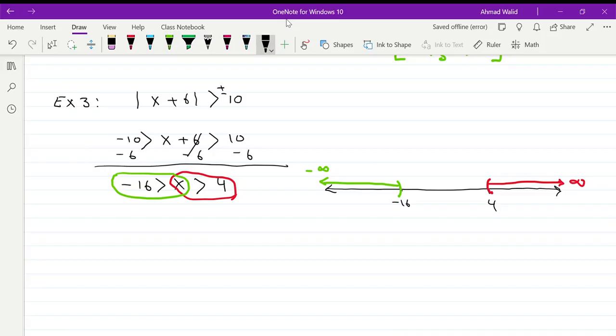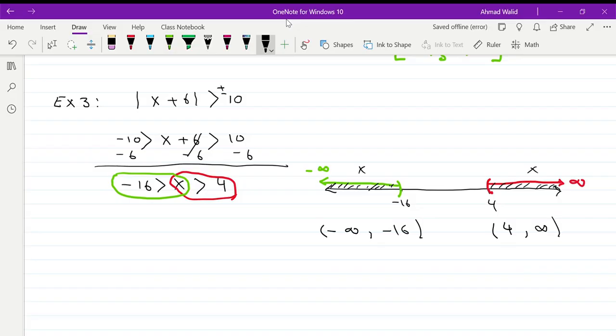Now, what is the final answer? Copy this part. That's your solution set. Here is your x, and also here is your x. The first x is negative infinity, comma, negative 16. And this part, your answer is 4, comma, infinity.